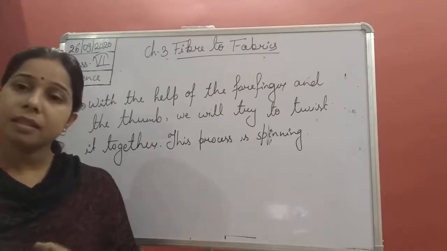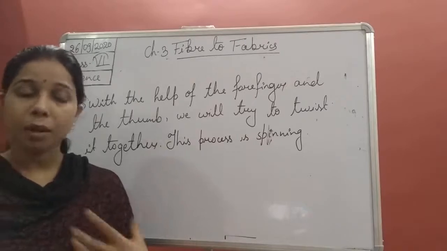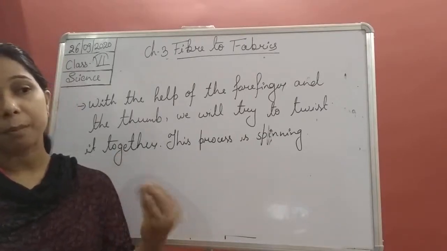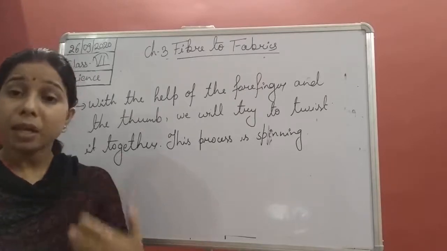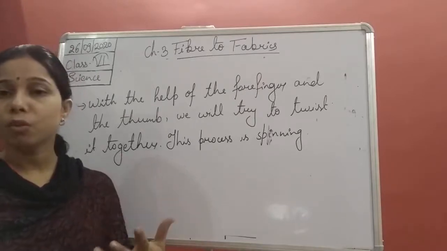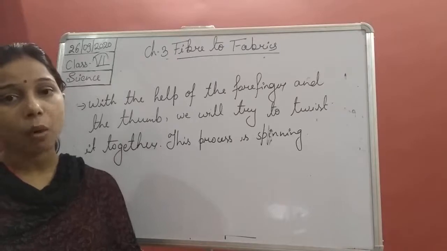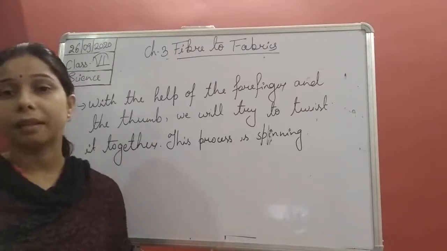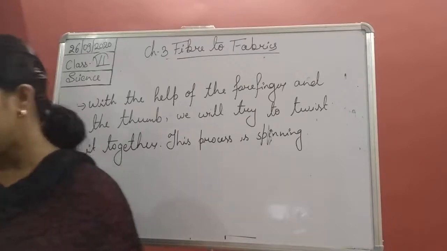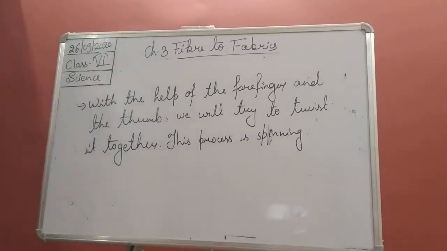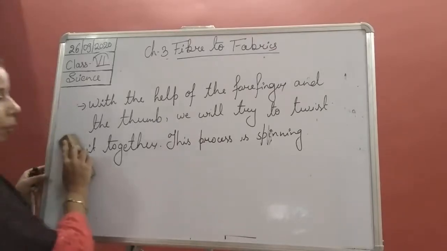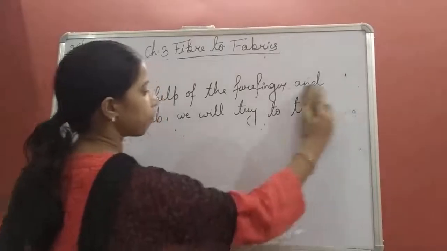Now, is it the only method? What kind of machines or equipment can we use for the spinning of the fiber so that we get the yarn? Basically, there are three devices with the help of which we can make the yarn by the process of spinning.